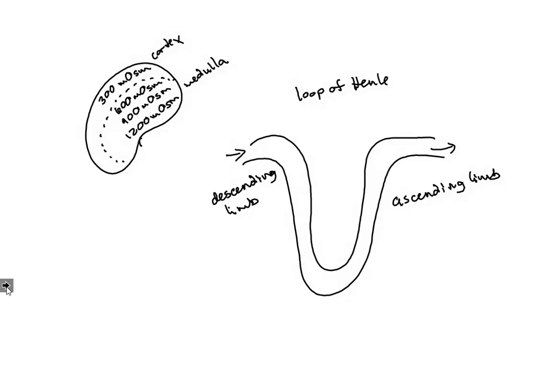The descending limb is freely permeable to water. And it is not permeable to ions. The ascending limb is permeable to ions, but not to water. So things like sodium and potassium and chloride can exit in the ascending limb, but not the descending limb.